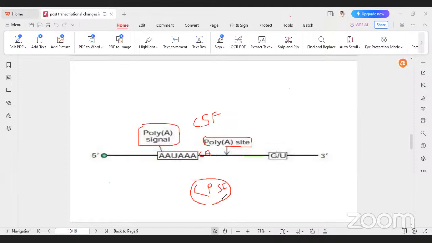Third one is PAPB, polyadenine binding protein. These three are important. Remember it.